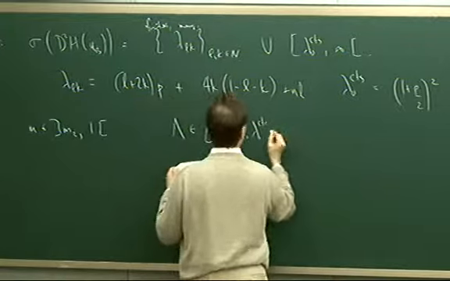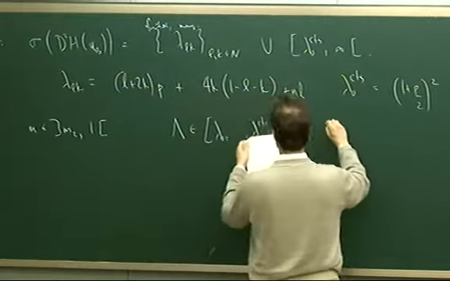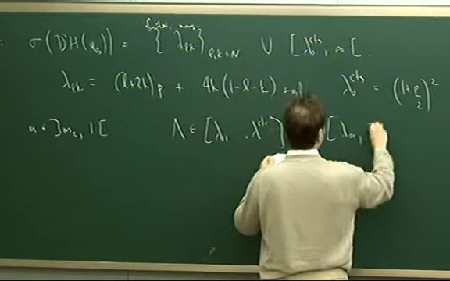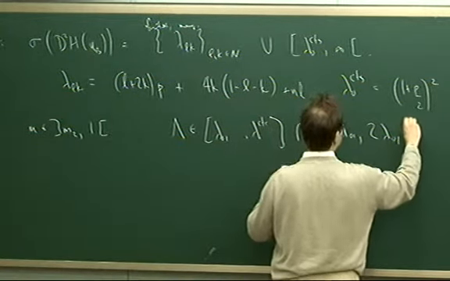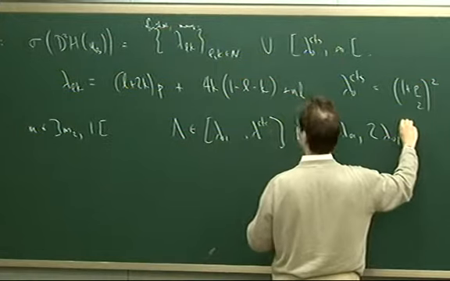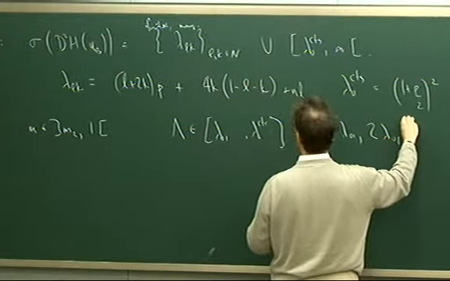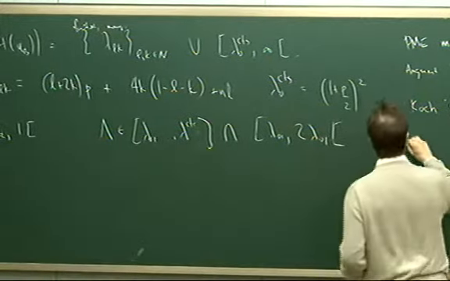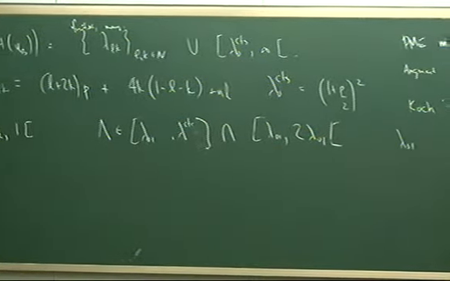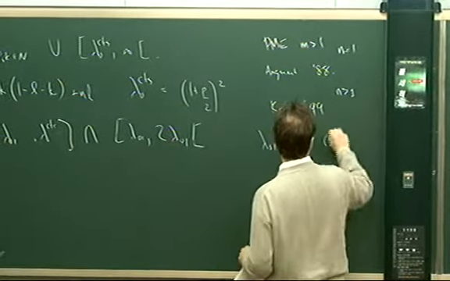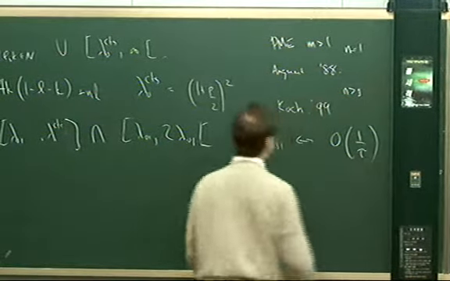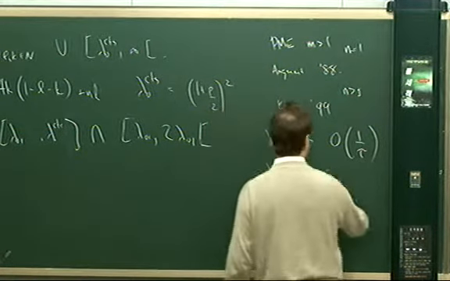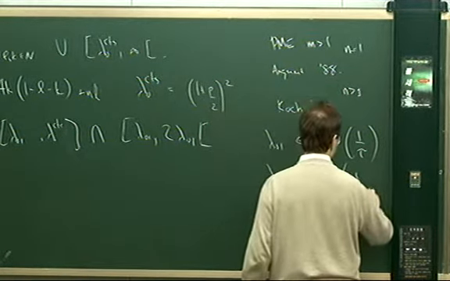But I also want it to be between lambda 0, 1 and lambda 2, 0, and 2 times lambda 0, 1. And I should say lambda 0, 1 is exactly the thing that leads to order 1 over tau. And lambda 1, 0 is exactly the thing that leads to order 1 over tau to the beta.